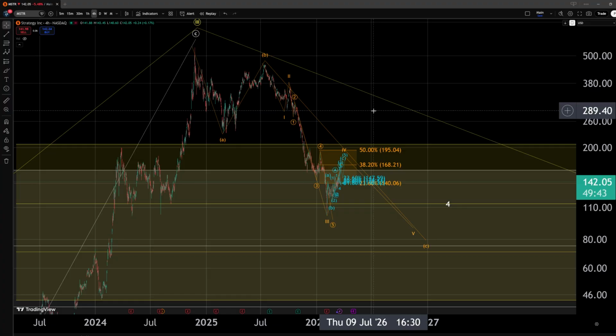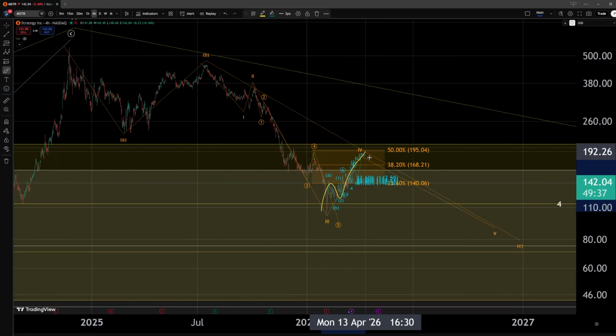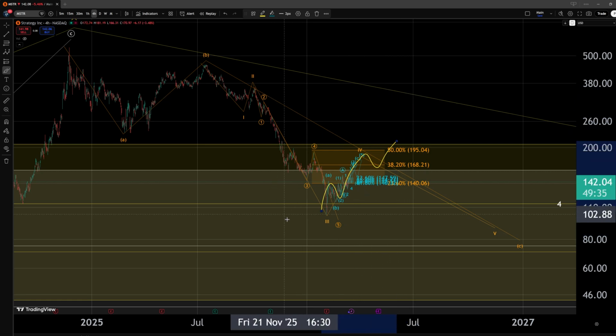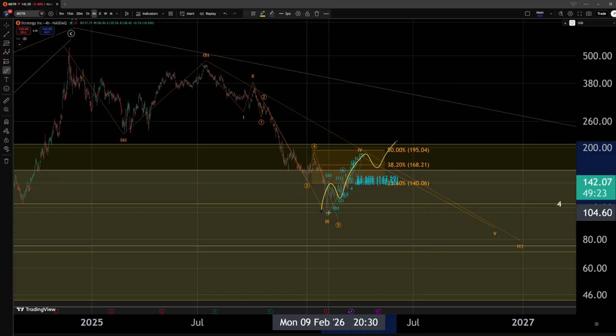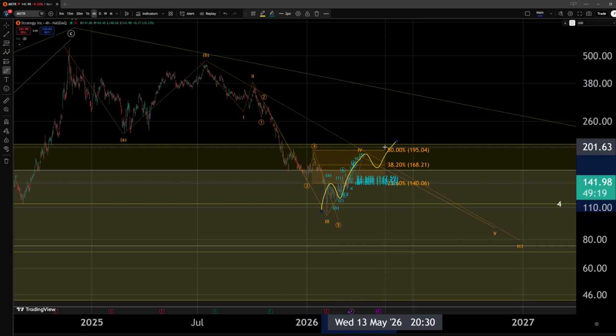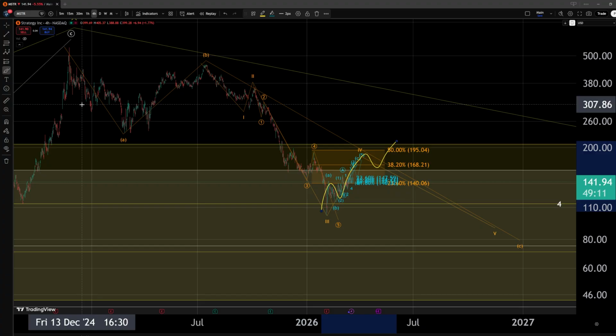Either I want to see a break above $195 or an initial 5-wave move to the upside, which based on the current structure, yes, this initial 5-wave move to the upside would be expected by me to break the area of resistance as well. I would find it quite difficult for this structure to actually manage to build a 5-wave pattern within this area of resistance. But for now, these are the levels, this is the trade setup.